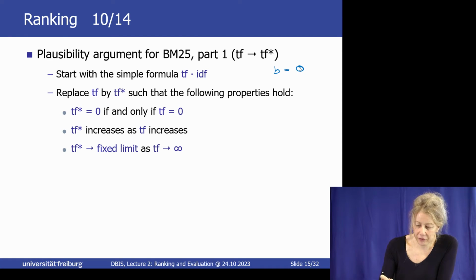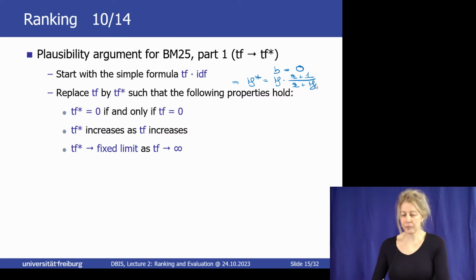So if b equals 0, let me just write that again, then tf star is tf times k plus 1 divided by k plus tf.